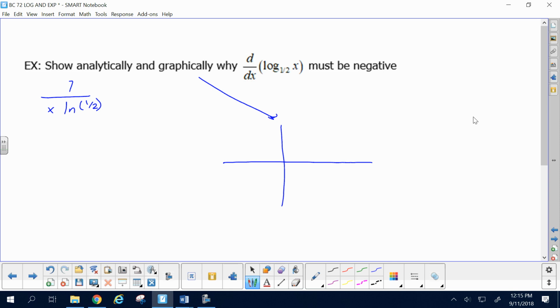Natural log of a half is always going to be negative. And then x always has to be greater than 0 because you're taking a log of something. So you can't take a log of a negative.